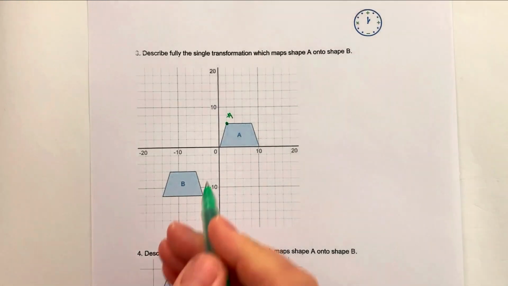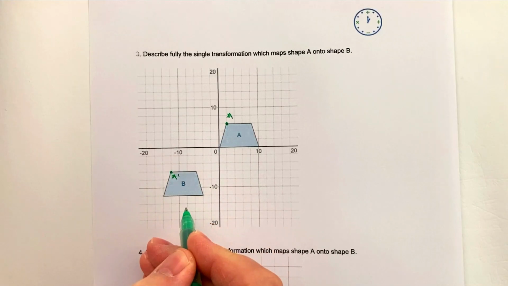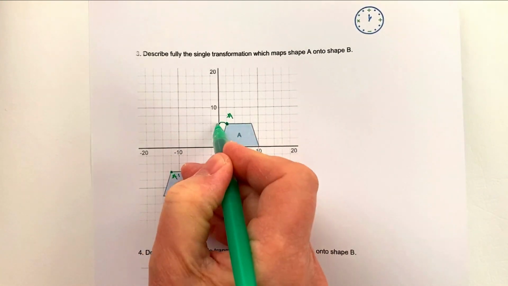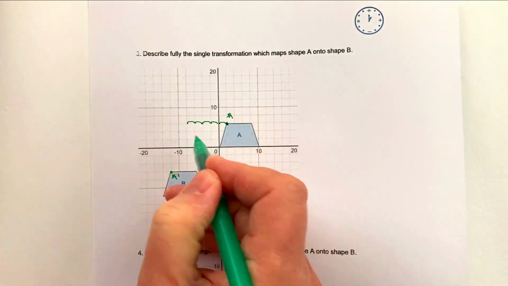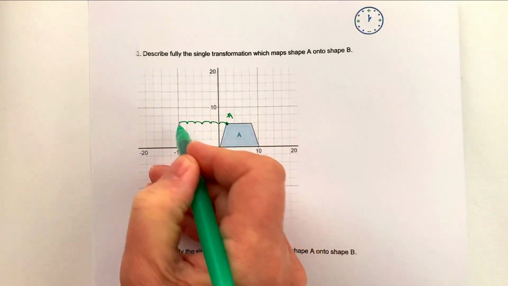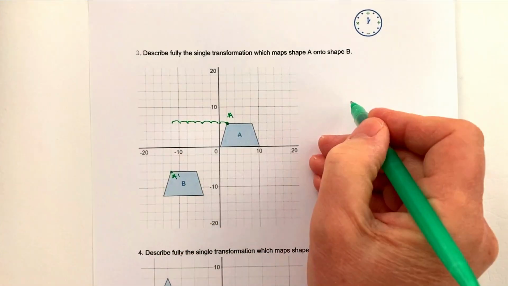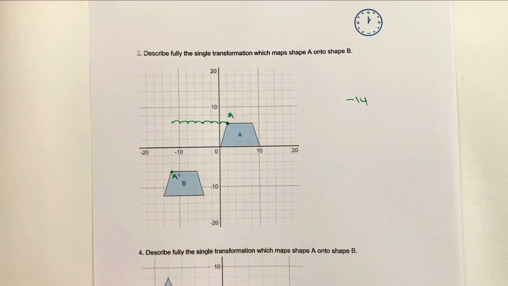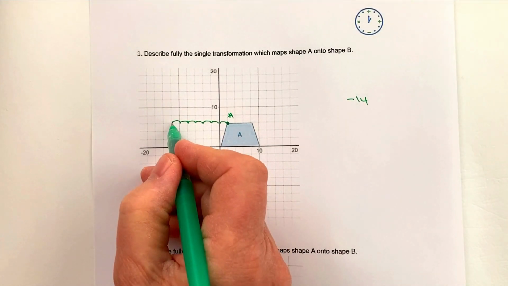So what we're going to do is move from here to here. Let's have a look. We've got 2, 4, 6, 8, 10, 12, 14. Now it's 14 in the minus direction, minus 14. And then we're also going to go in the negative direction downwards.